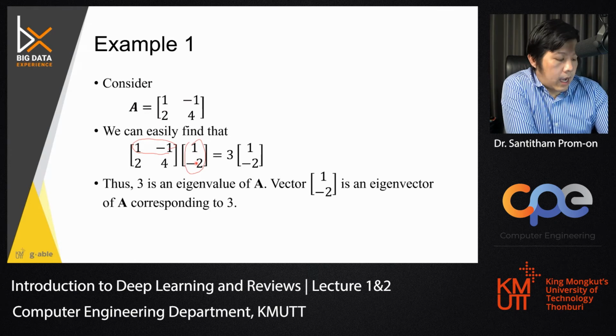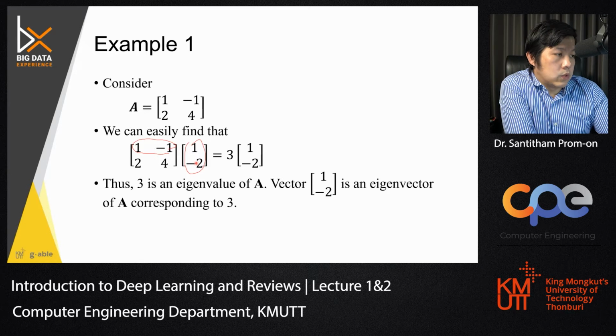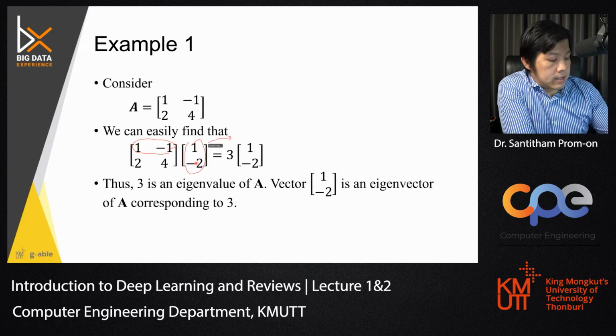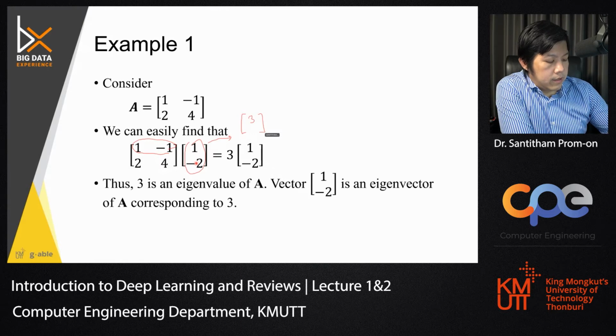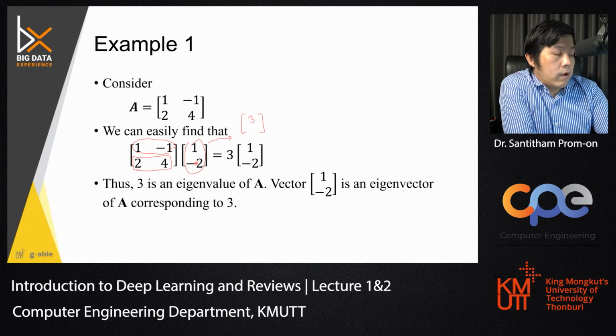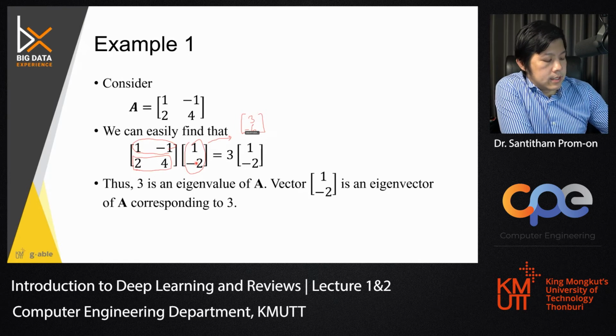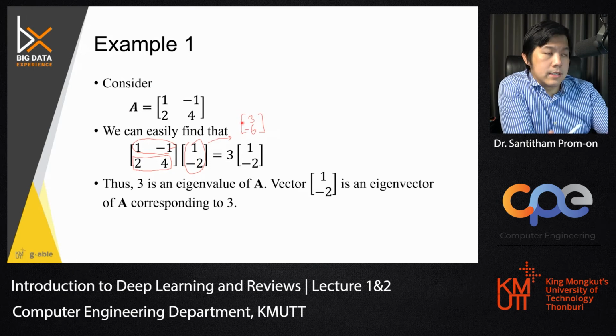This is 1 times 1 minus 2 times minus 1, that's why we have the value of 3. And then 2, 4 with 1, minus 2, which is 2 times 1 and 4 times minus 2, which results in minus 6.